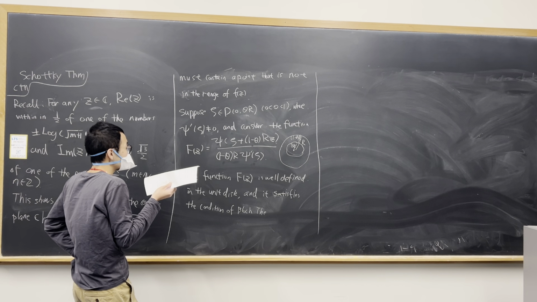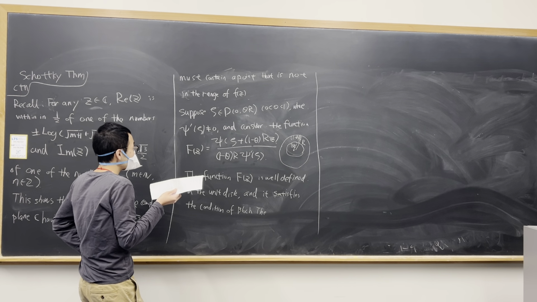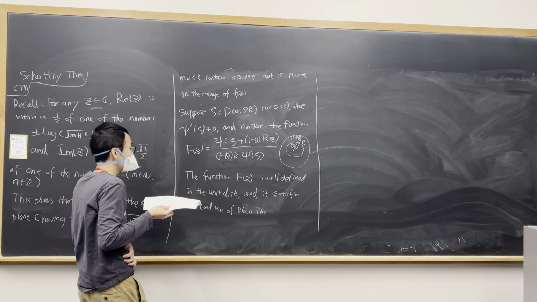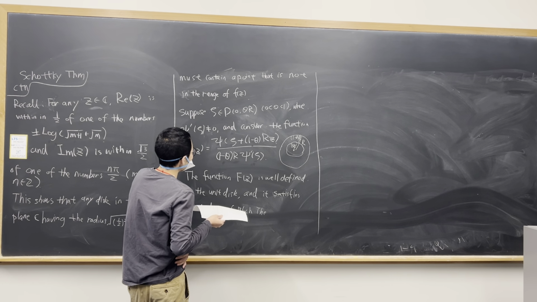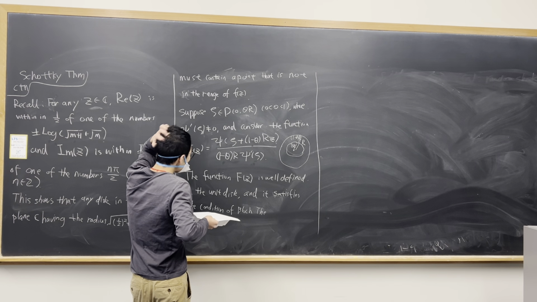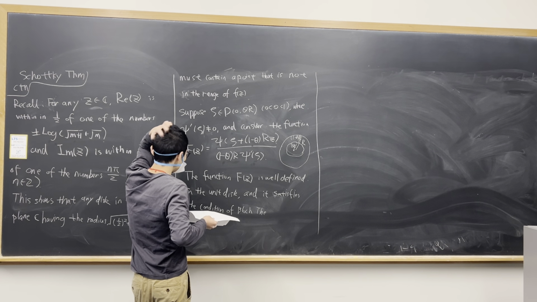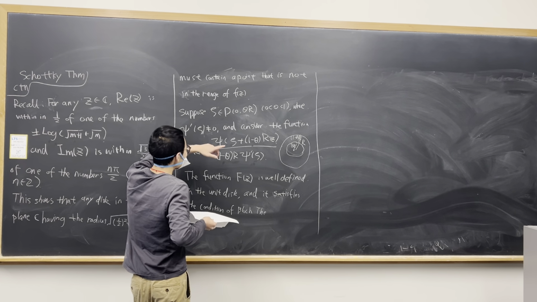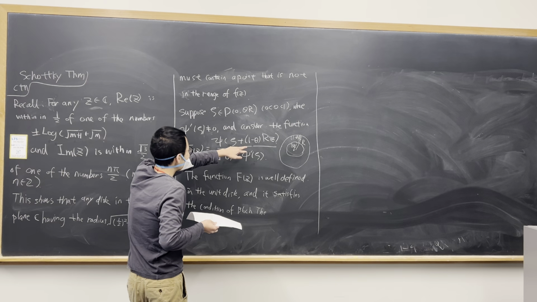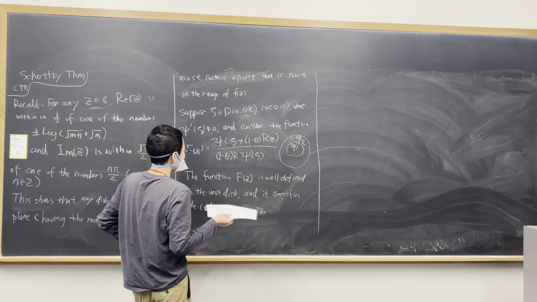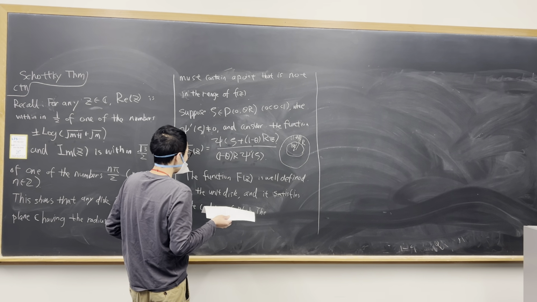So this factor means 1 minus theta. Theta is a vector, so the length of theta is actually less than theta R, right? And then we know that the length of z is less than 1.